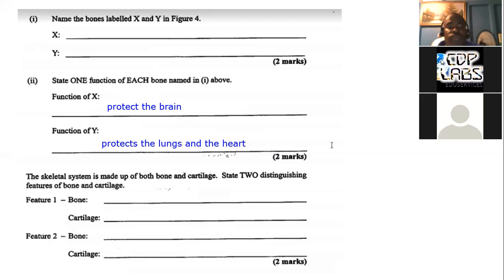Alright? At your time again, earlier, the skeletal system is made up of both bone and cartilage. Here we go again. State two distinguishing features of bone and cartilage. Come on, you guys must be on target. Let's go. Okay, the bone.